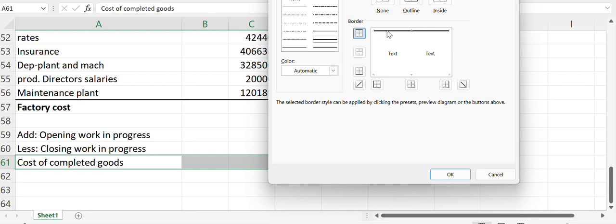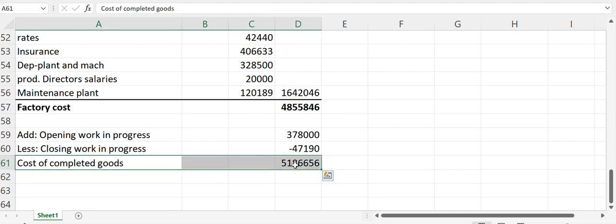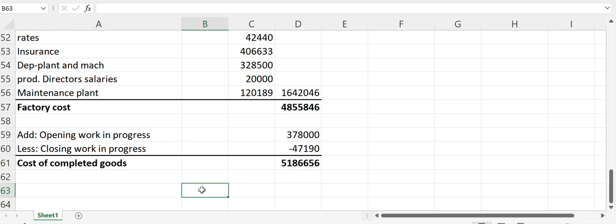Cost of completed goods. So you just add this plus this, because of the negative sign, also plus that. So you get that. I hope we are together.